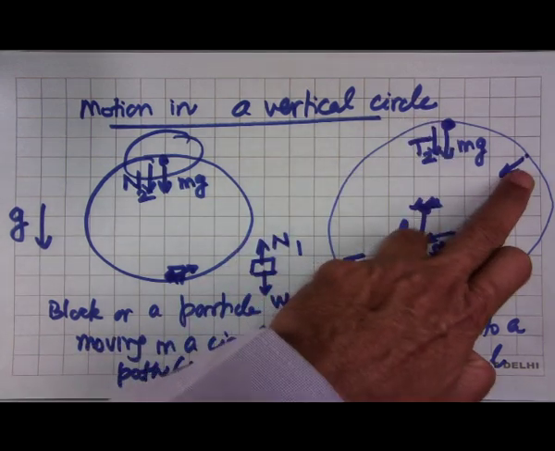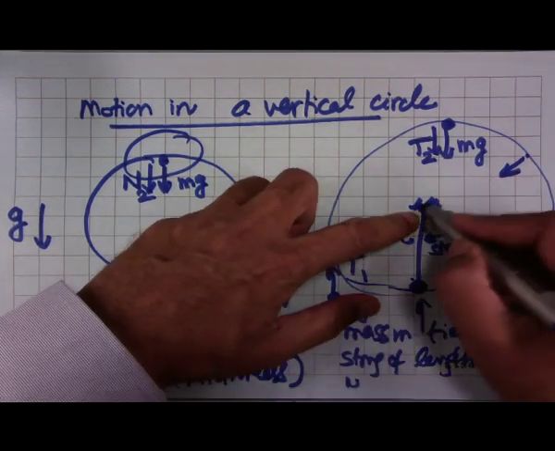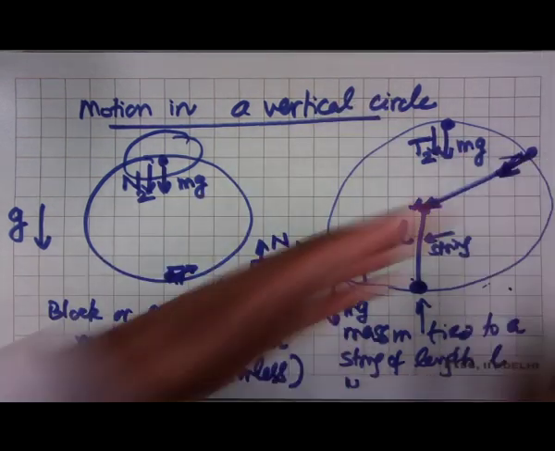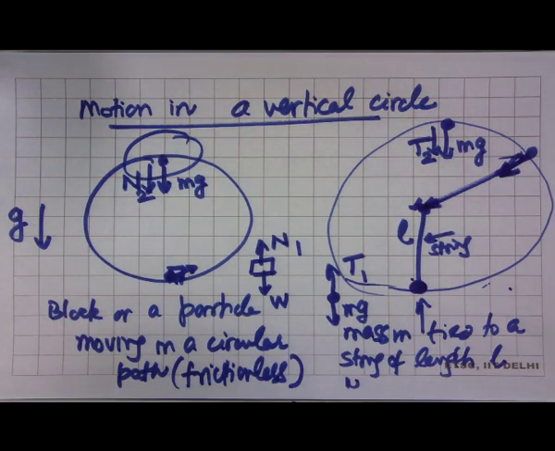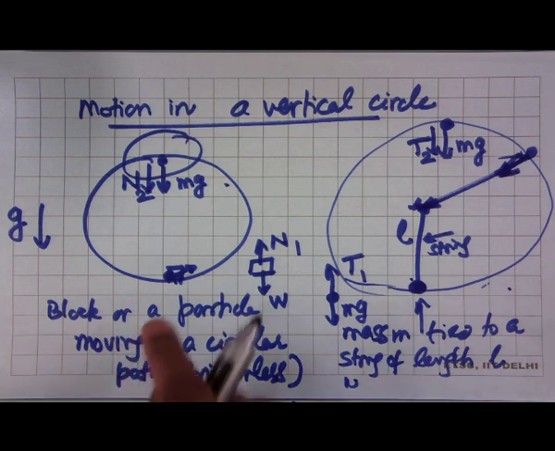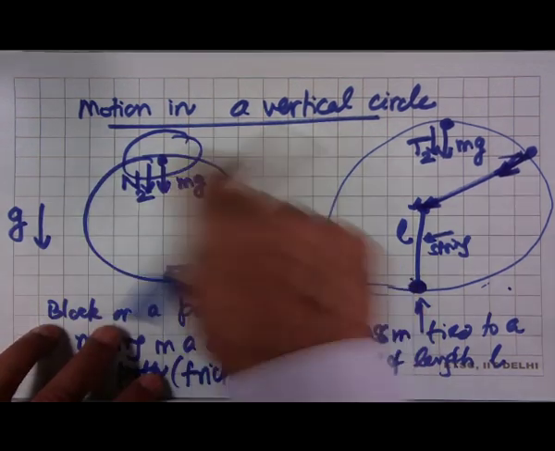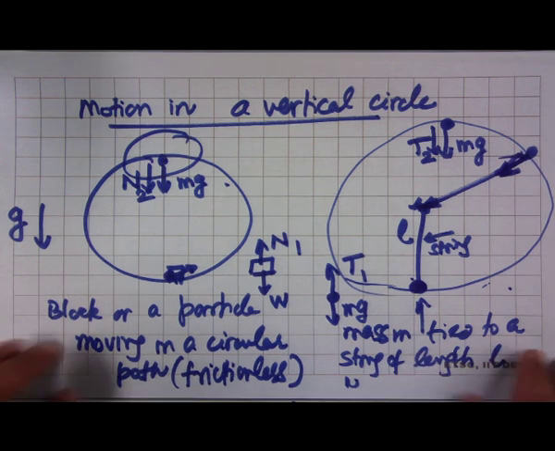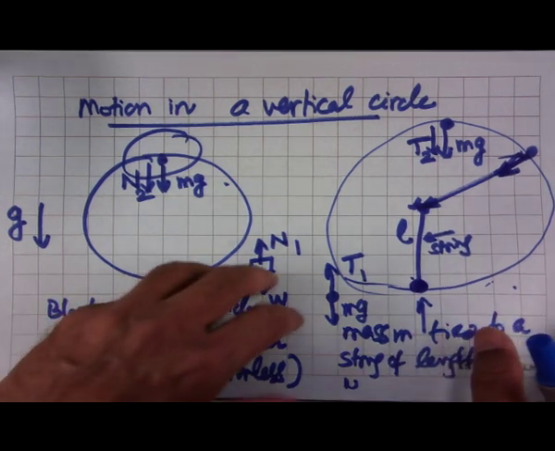And once the tension becomes 0, the particle will just fall freely from that position. And similarly here, once normal reaction becomes 0, the particle will just lose contact. So, if we want the particle to travel the full circle, at the top position the normal reaction or the tension must be 0.